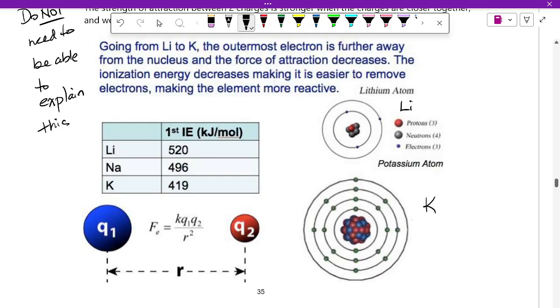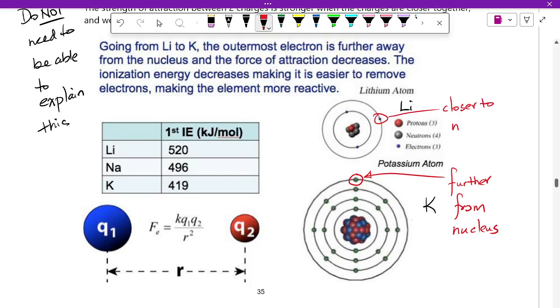What do you notice about the outermost electron? Yeah, this one is much further from the nucleus. This one is closer to the nucleus. Do you guys know how electrical force works in terms of distance?